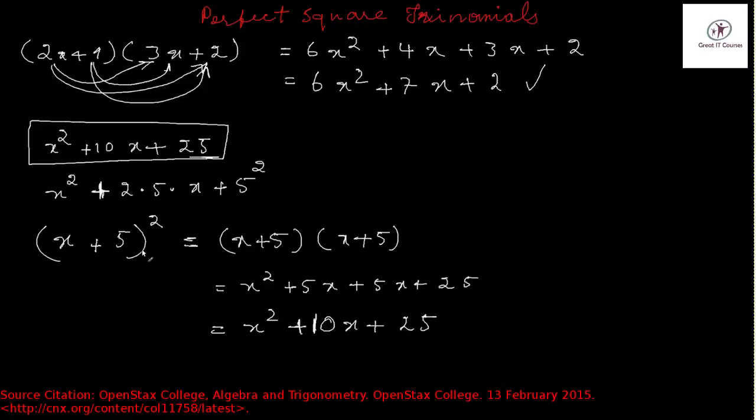For example, if you didn't know that x plus 5 whole squared is equal to x squared plus 10x plus 25, you would have to write it out, expand it, multiply, add them together and everything in order to get to the same result.